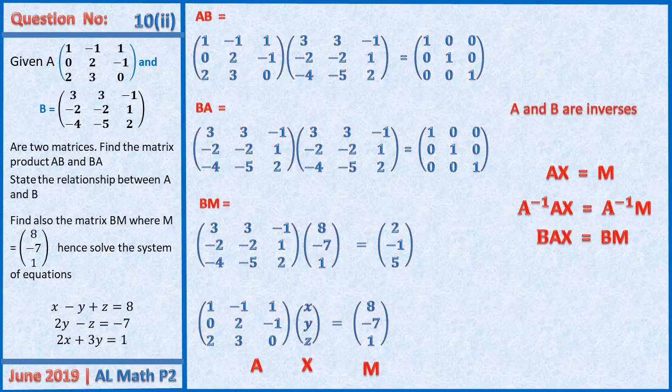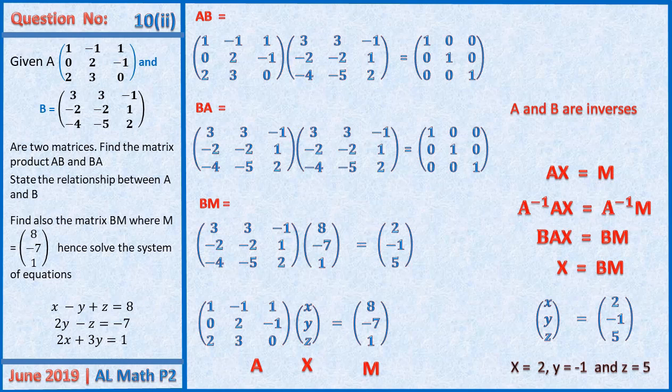Any matrix times the identity matrix leaves the matrix unchanged. So my x will just be equal to Bm. And I have already looked for Bm in this question. Bm here is minus 4, minus 1, 5. So I'll just replace this by the values, and my x, y, z is equal to minus 4, minus 1, 5. So x is minus 4, y is minus 1, and z is 5.